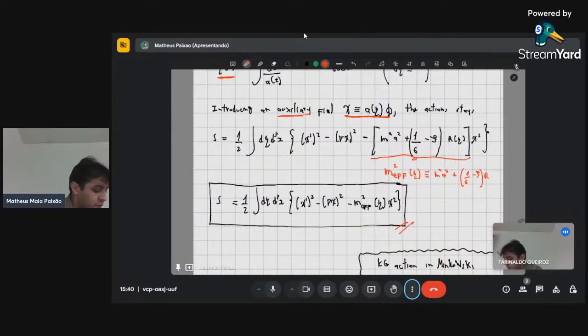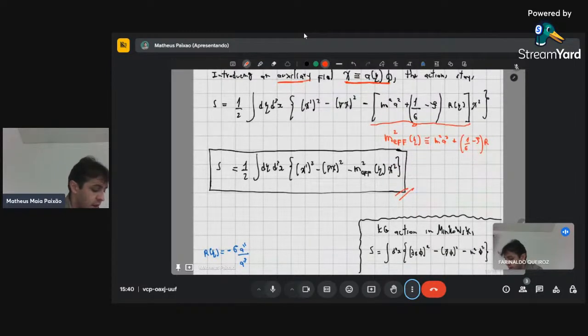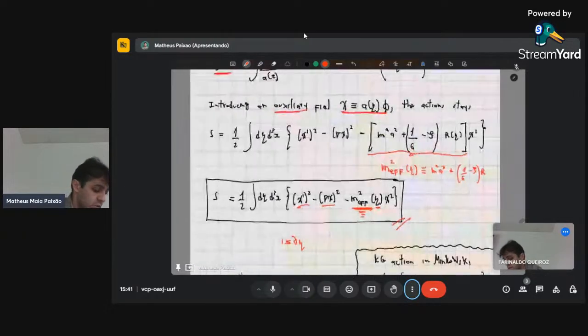That's very similar to the Klein-Gordon action in Minkowski space. This prime denotes a time derivative with respect to conformal time. I have this spatial derivative, and I have a mass term here. But the difference is that the mass here is dynamic, in the sense that it depends on time.